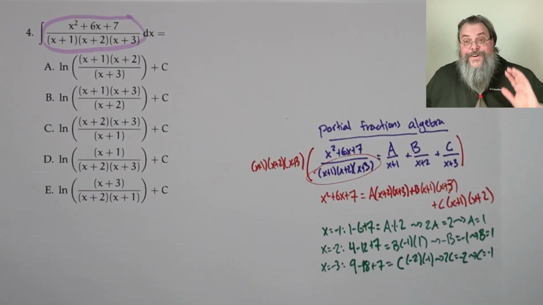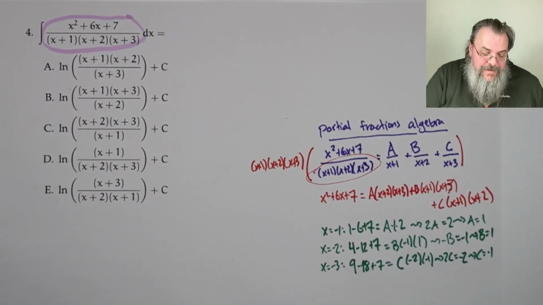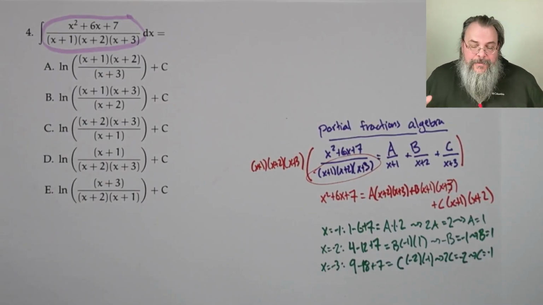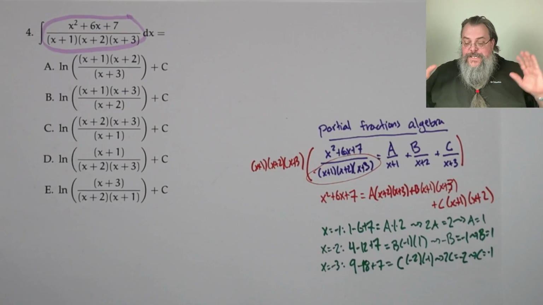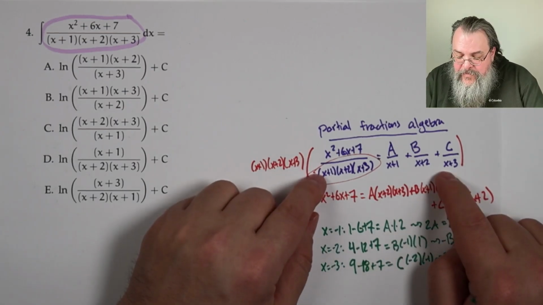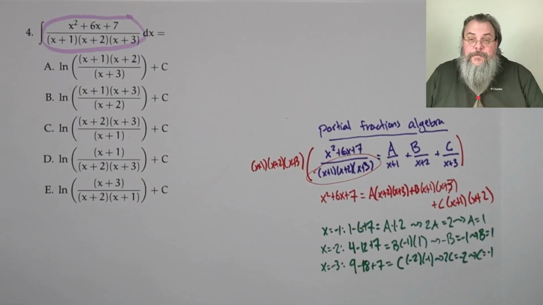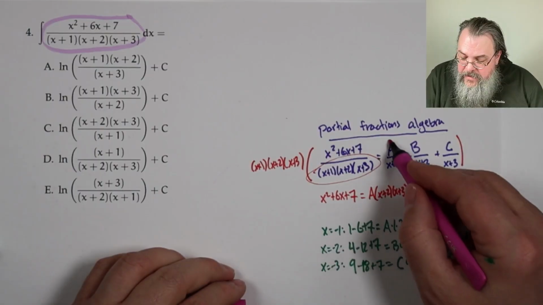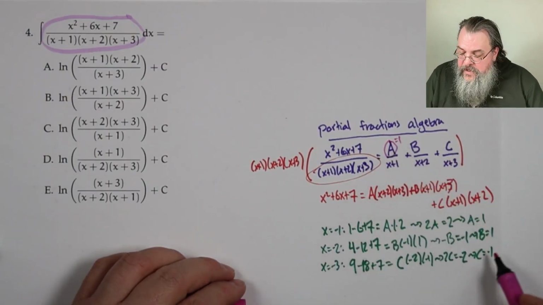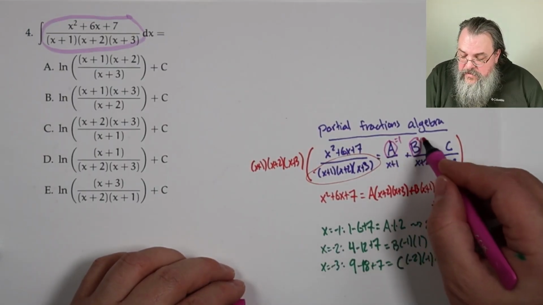Now, here is the classic mistake that people make when solving partial fractions problems. They actually do a great job of the setup. They do a pretty good job of solving, and then they forget to put the right numbers in the right place. So make sure you get the right numbers in the right place. So A is 1, so this is 1. B is 1, so this is 1.